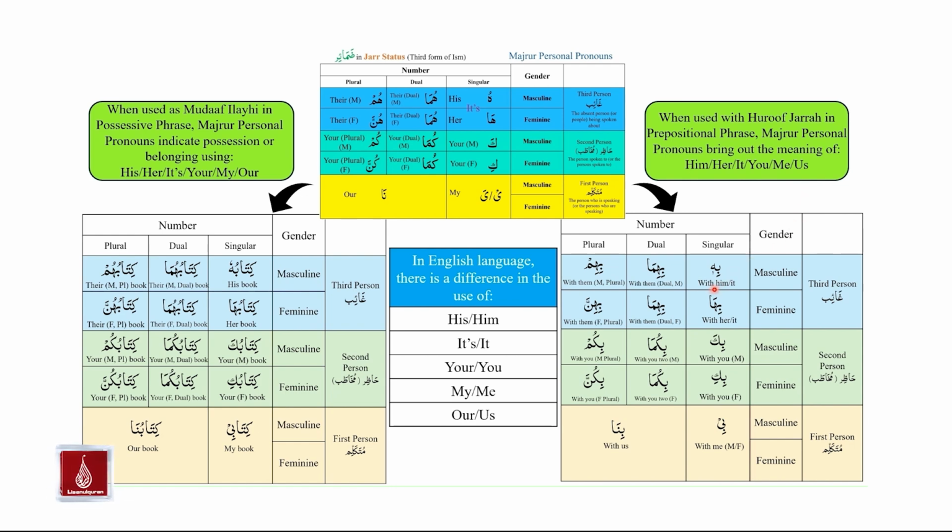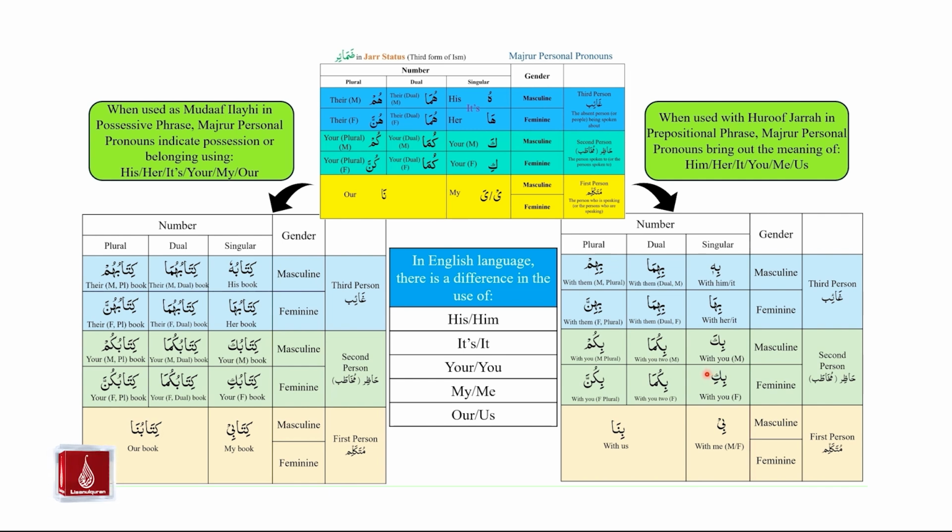Bihi, with him or with it. Here we will not say with his, that will be incorrect in the English grammar. So the correct translation will be with him. Similarly, bika, with you.